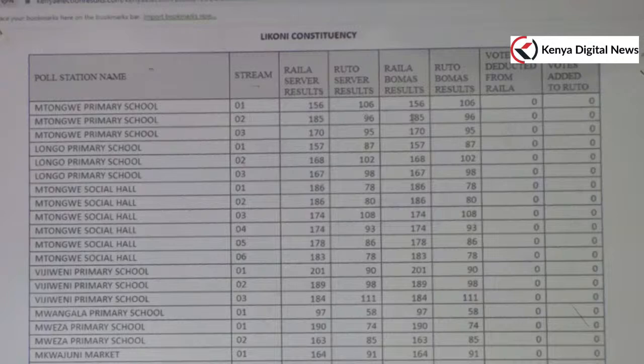And then on this other side, we have the Bomas results for the Prime Minister and Dr. Ruto also here. So when we try, just simple math, to subtract one data set from the other, we have results here.